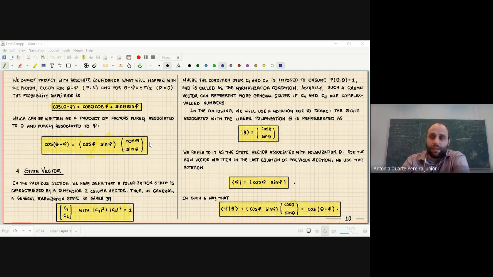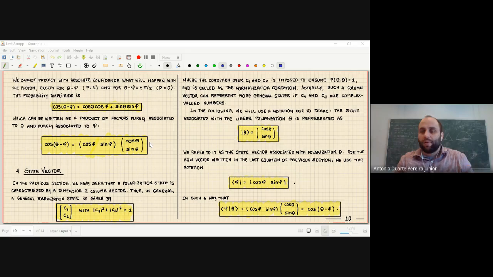So I will define a quantum state that will have a specific name, and this name is a state vector. In quantum mechanics, the state of a system or of a component of the system is defined by a vector. And this vector is something very abstract, that in this case is something very simple, but it can be very complicated.